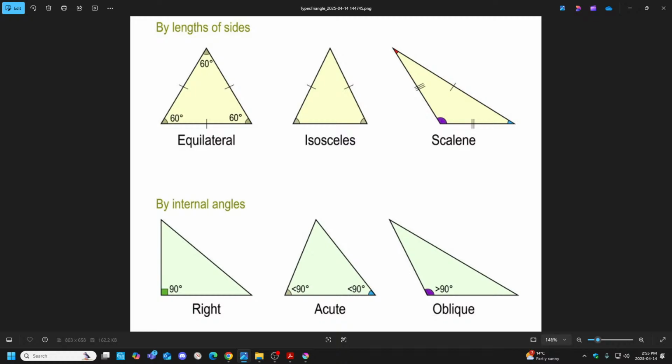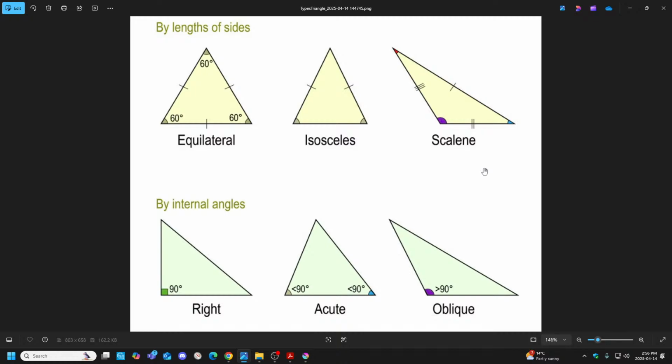Types of triangles can be classified by their sides: equilateral, isosceles. Scalene is the other one, yeah. All sides are not the same, right? That's what that means. Or by their angles: acute, obtuse, or right. Equilateral, all three sides are equal in length. Isosceles, two sides are equal in length.